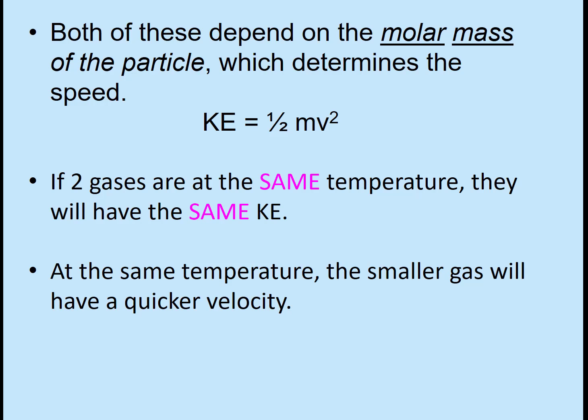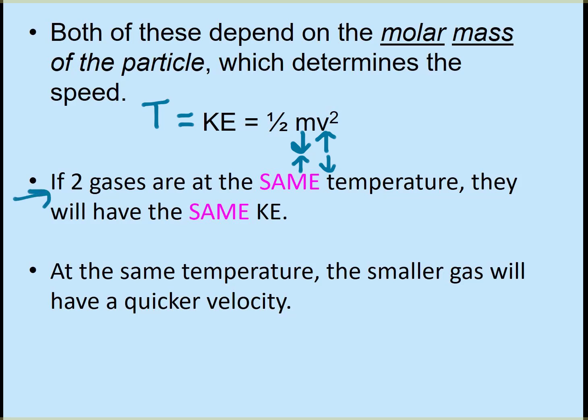What this relationship shows us is that if you're at the same temperature, and temperature is a measurement of kinetic energy, if you have a very, very small mass, your velocity will be going faster than if you had a very large mass, then your velocity would be going slower. So you need to know these two concepts.